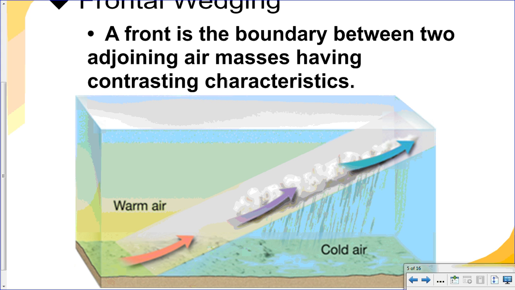So this is where a warm air has started to overtake a cold air mass, and because that warm air holds more moisture, it slides over the top because it wants to rise, and it cools off as it goes up, and so we get some rain. This is what's called a warm front, and it's the reason why when we have a warm front come through, we don't get big, massive thunderstorms and stuff like that, because it's just sliding up over the top of that cold air mass. But frontal wedging is another one of our ways that convective cooling happens.